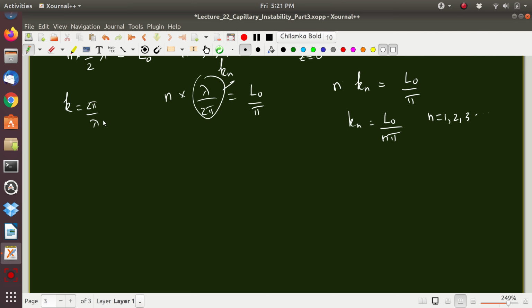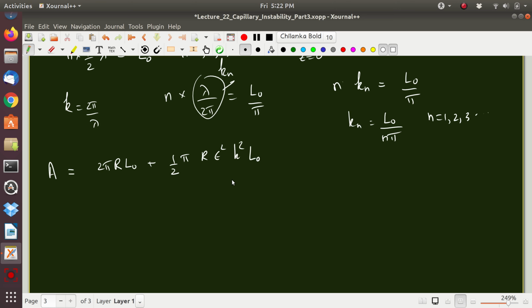Now this means that you can carry out the area and volume calculation due to these deformations. So the area of the deformed cylinder is 2 pi r L0 plus 1 by 2, like what we did, pi r epsilon squared k squared L0.